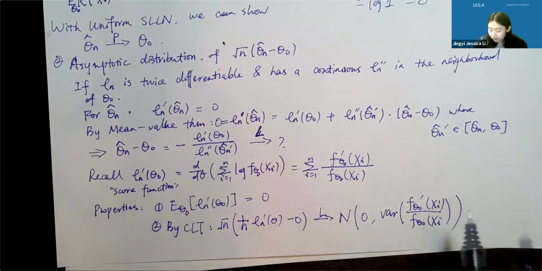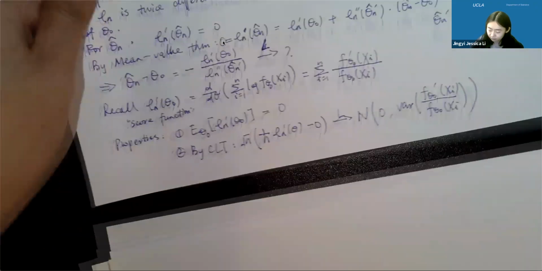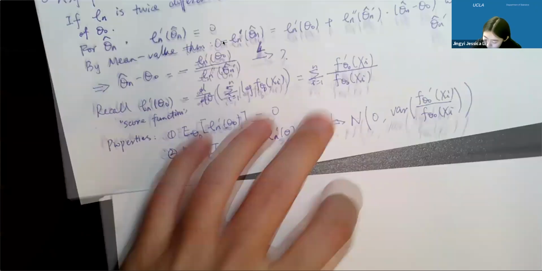So what's left is how we can calculate this variance. For this one, I can tell you that this variance can be calculated as the inverse of what we call the Fisher information. If you have heard of that term, then basically the Fisher information is defined as, I need to make up this.